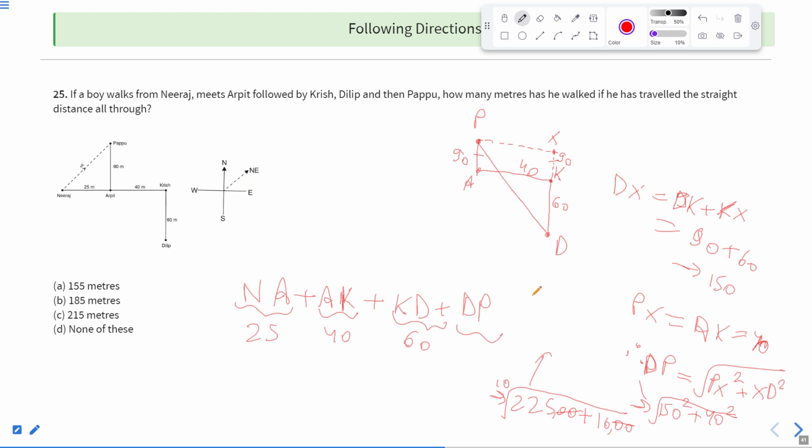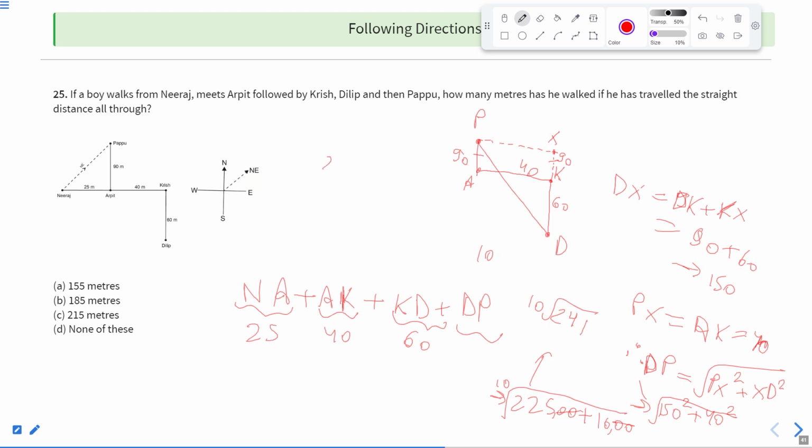So this becomes 10 square root of 225 plus 16, which is 241. 10 square root 241 is the answer.